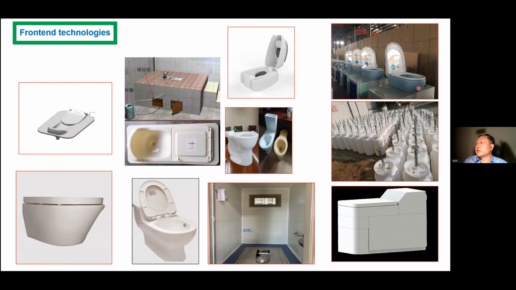And you can see here waterless toilet systems with a mechanical mixing device. And here also with pressure barrels, they can use a very small amount of flushing water. And here is a composting toilet.